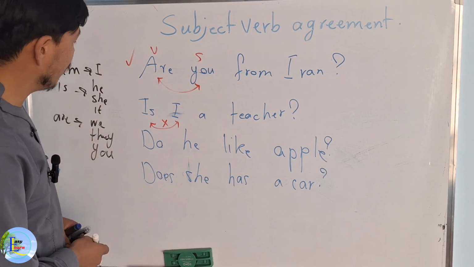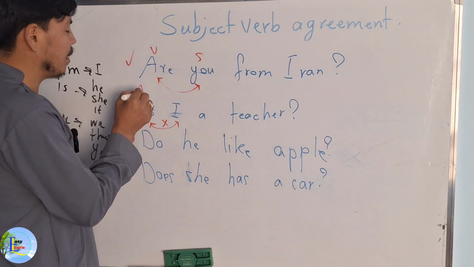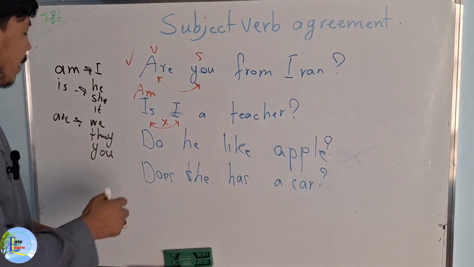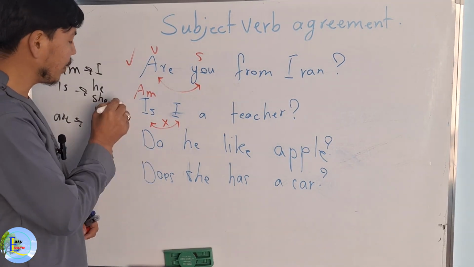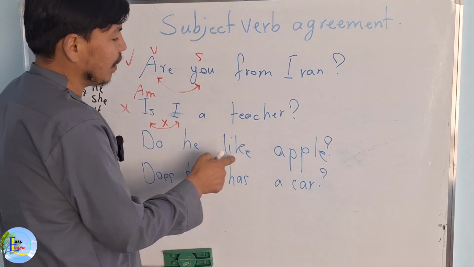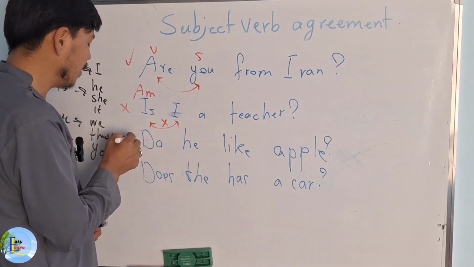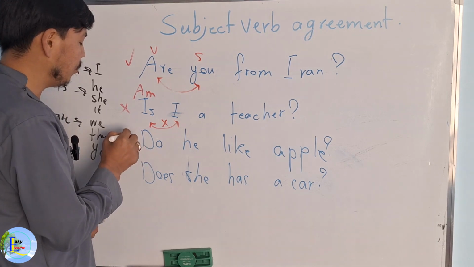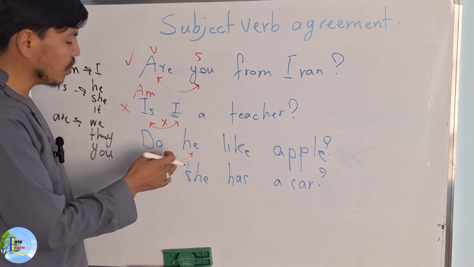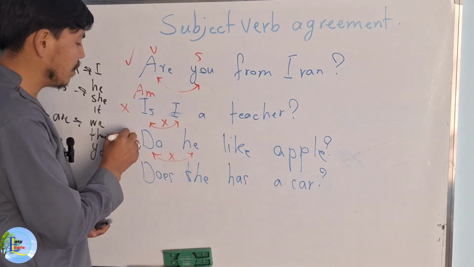So they are bad boys. So what should I write here? Am I, instead of is. So this sentence is not correct. And the next one is, do he like apple? Again, I see the helping verb do does not match here. So again, this is not correct.